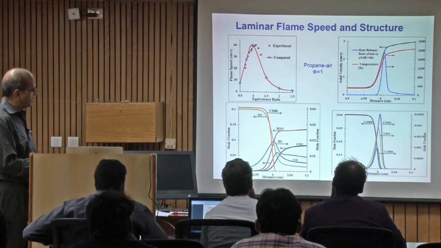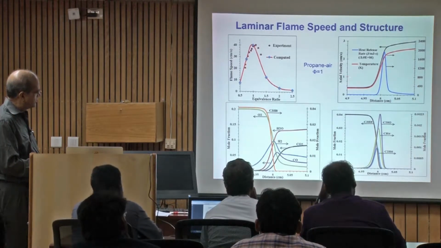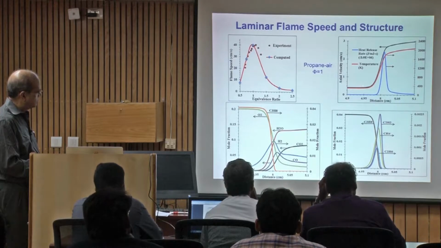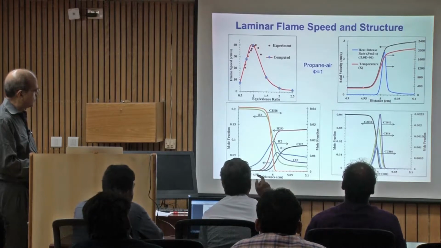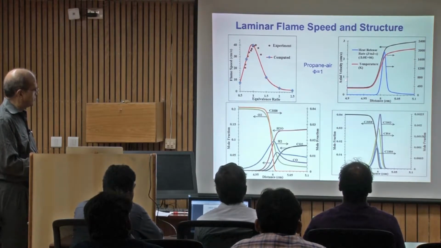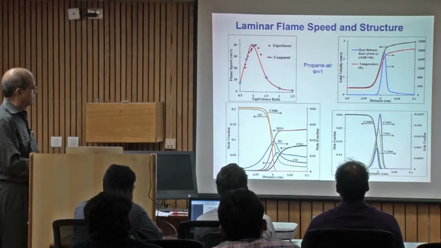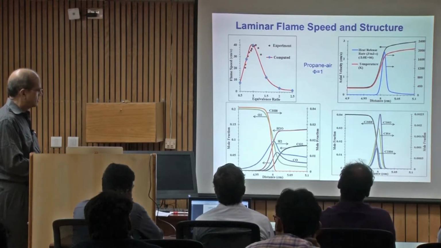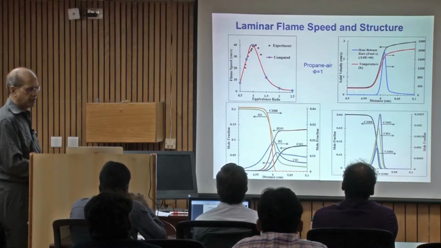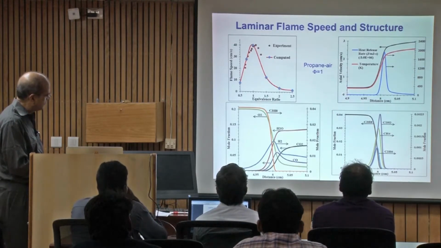So the axial velocity. Which one is the axial velocity? The symbol is missing. I think the black color is the axial velocity. Yes, there is an arrow here. So this velocity here gives the flame speed. It's not exactly at 0.